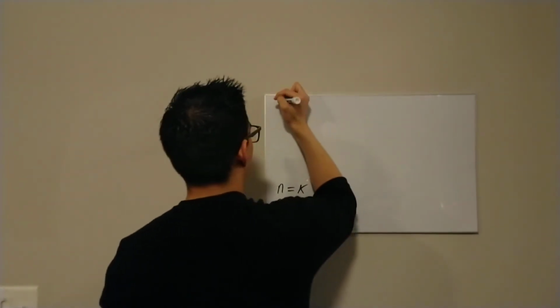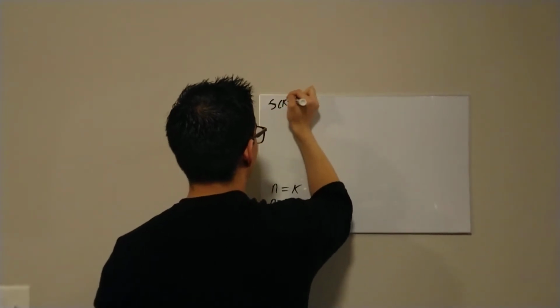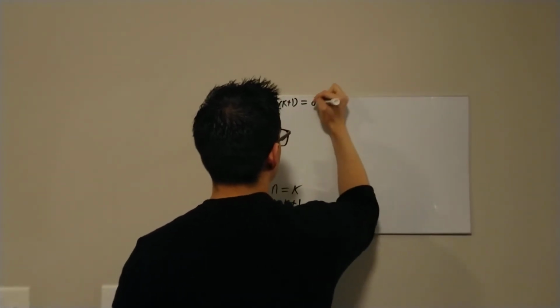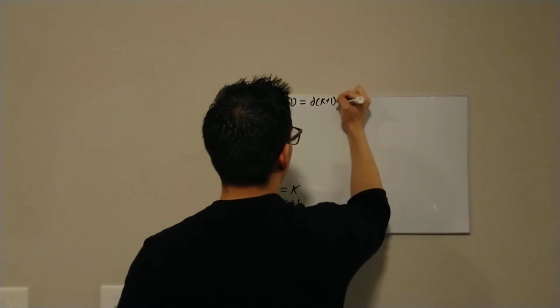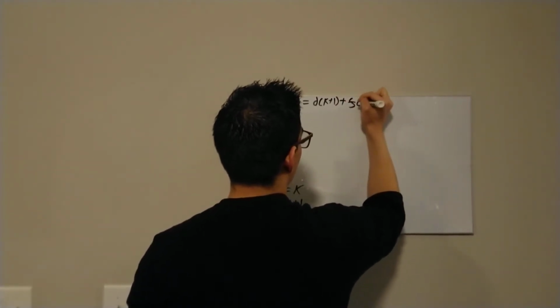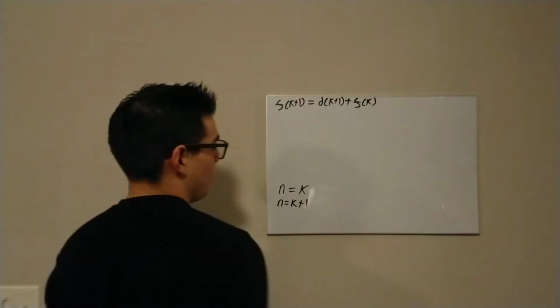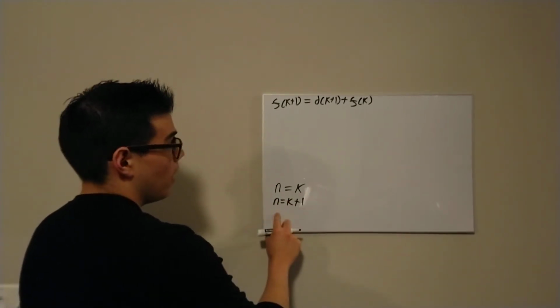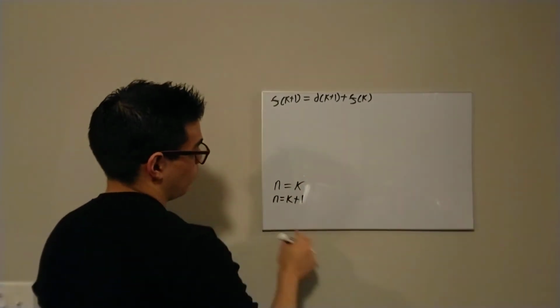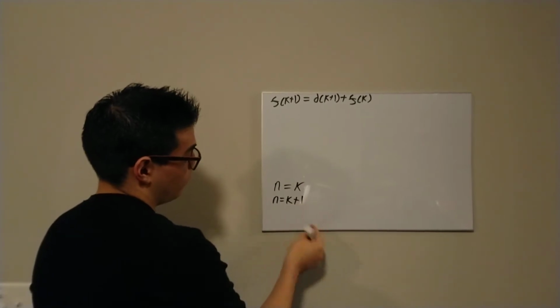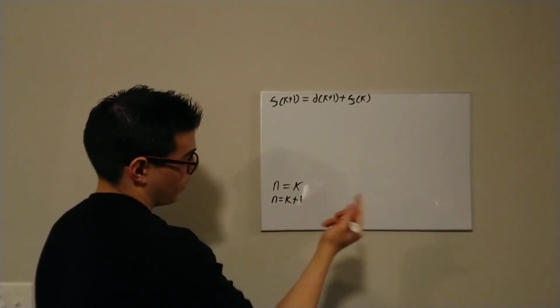So then we're going to have f(k+1) is equal to d(k+1) plus f(k). This is f(k) because we plugged in n here, and this is originally n minus 1, so n minus 1 plus 1, with the k, gives us just k.